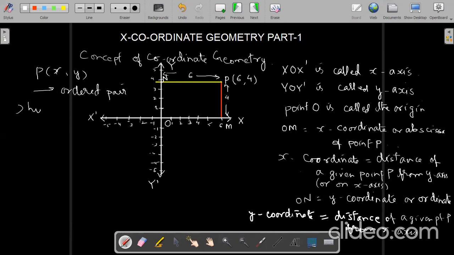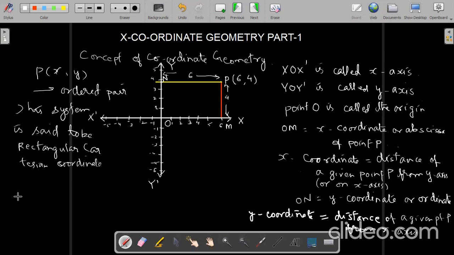This whole system is said to be the rectangular coordinate system, rectangular Cartesian system, or rectangular Cartesian coordinate system. Sometimes we say rectangular Cartesian system, but it is the rectangular Cartesian coordinate system, or we say Cartesian coordinate system.